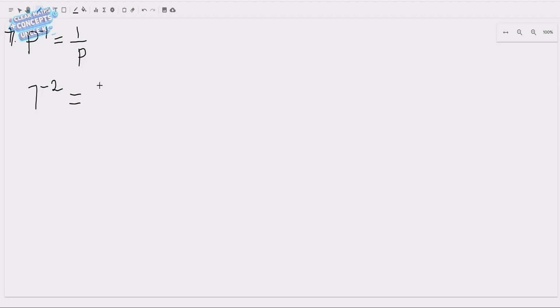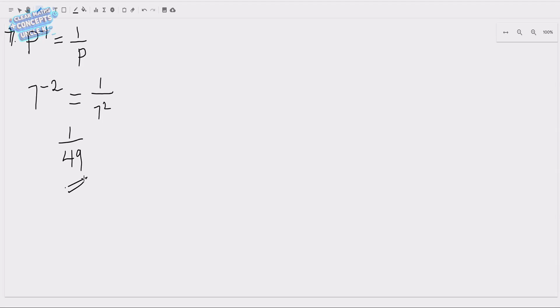This will just give you 1 over 7 raised to the power 2. Do you get that? So remove the minus, it is just 1 over whatever is there. So this will give you 1 over 49. So as simple as that.